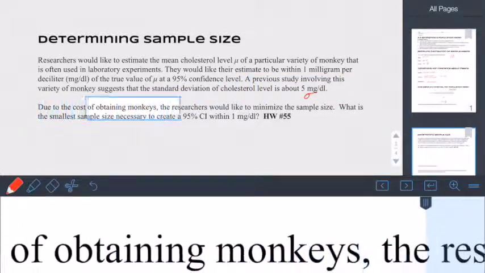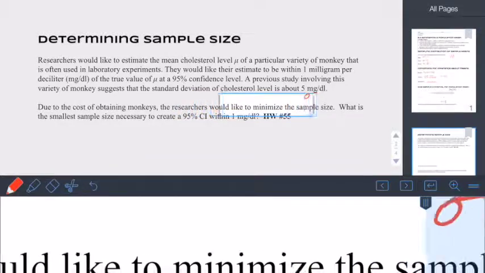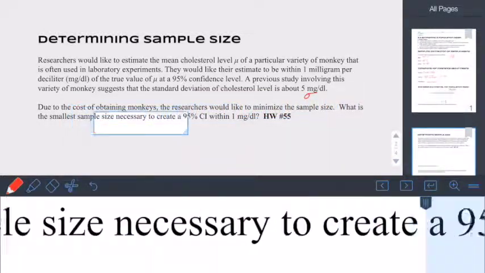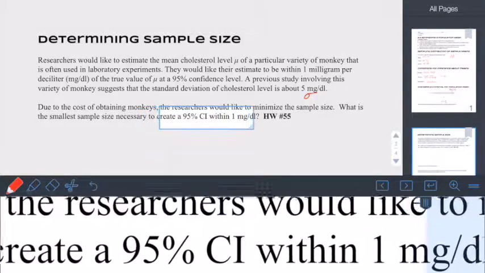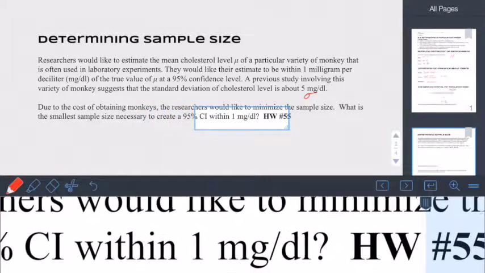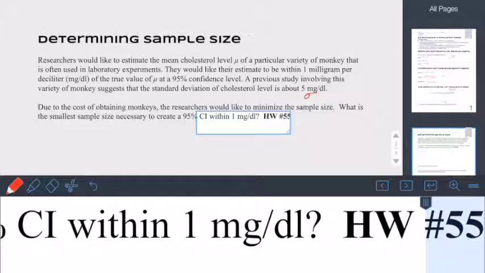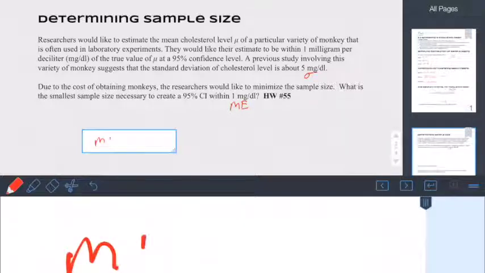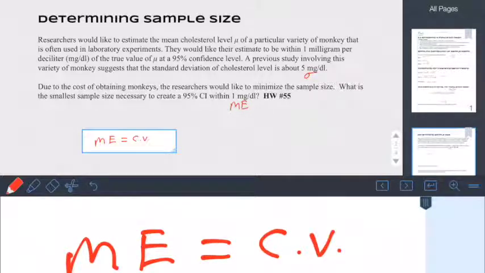Due to the cost of obtaining monkeys, the researchers would like to minimize the sample size. What is the smallest sample necessary to create a 95% confidence interval within 1 milligram per deciliter? Okay, this is our margin of error. So just like in our last section, we take our margin of error, which is our critical value, times our standard deviation of the sampling distribution.